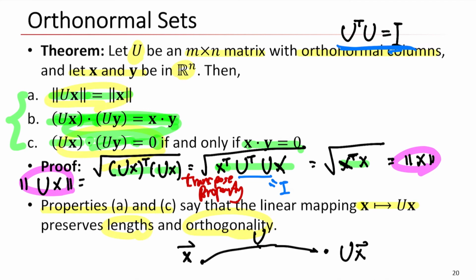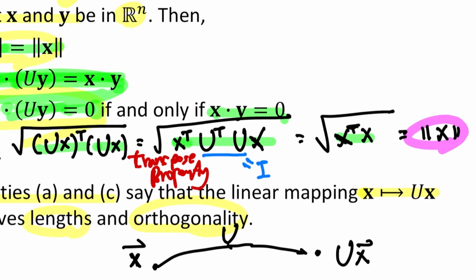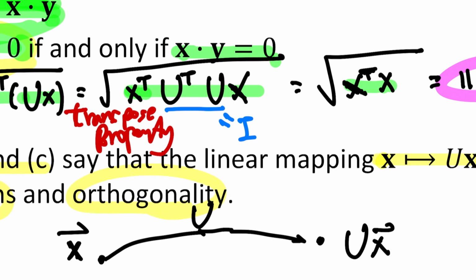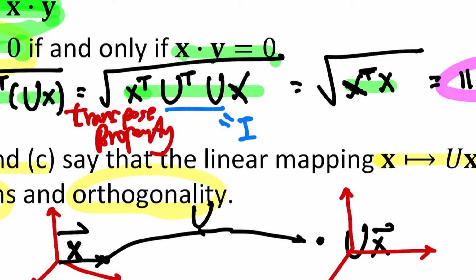So let me draw something like this. Let's think about the 3D space. And vector x is here, right? Then there is another space, and vector Ux is here, right?